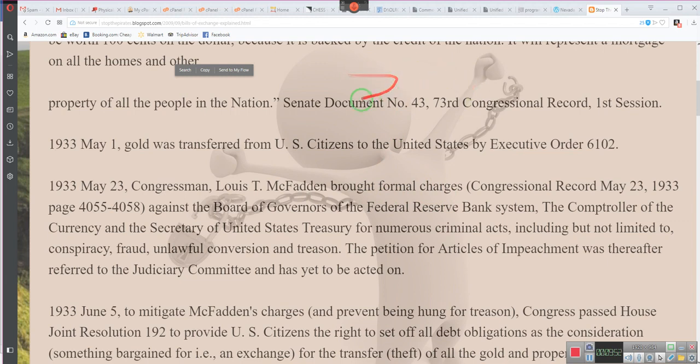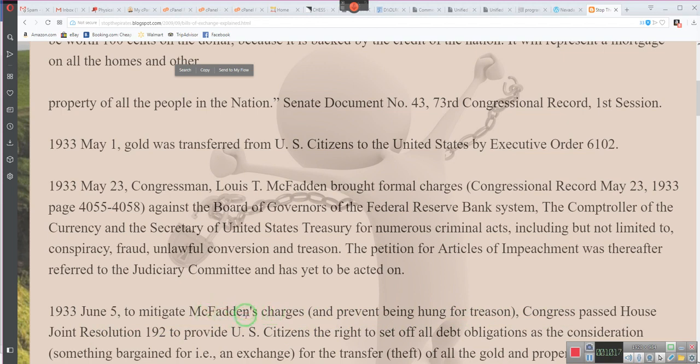May 1st, 1933, gold was transferred from the United States citizens to the United States by Executive Order 6102. Okay, this right here, and look, mitigate charges to prevent from being hung for treason. Congress passed, don't worry about that hung for treason. Okay, McFadden was not a part of this, people.